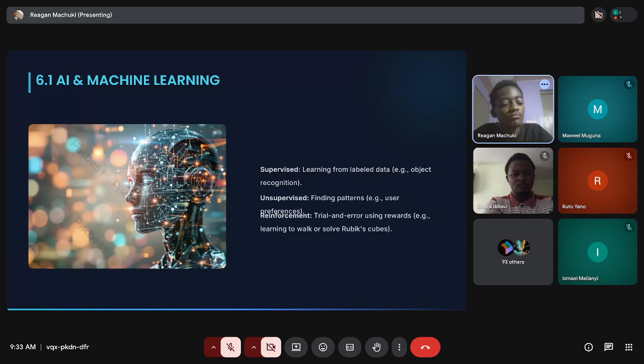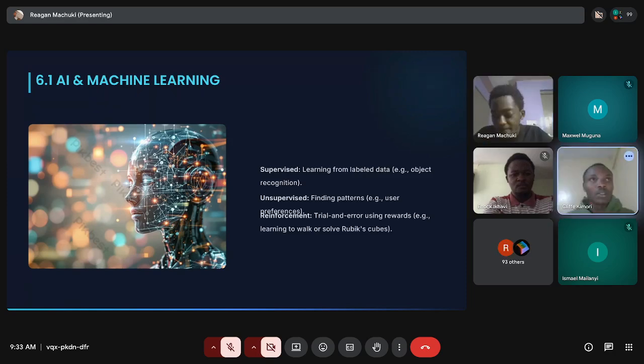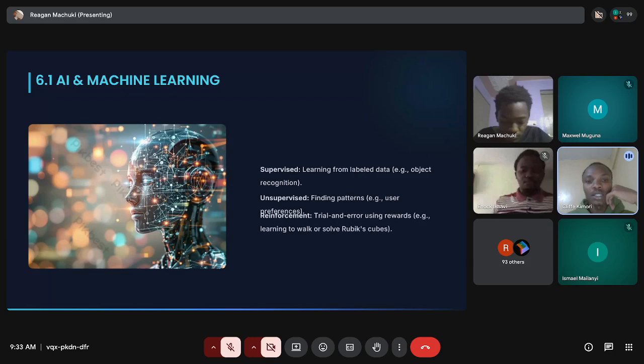Good morning. I'll be talking about AI and machine learning in robotics. Artificial intelligence, or AI, in robotics refers to the integration of intelligent algorithms that allow robots to perceive, learn, reason, and make decisions independently.